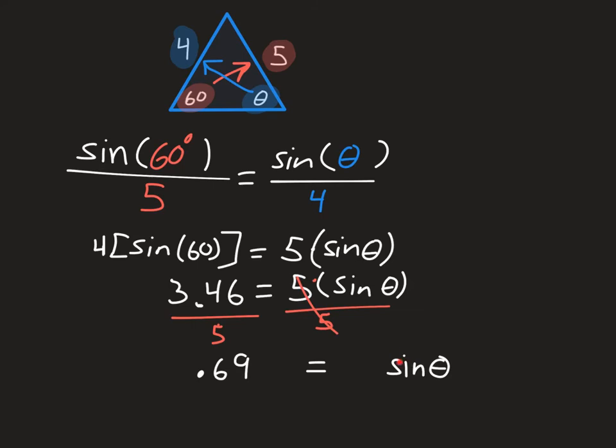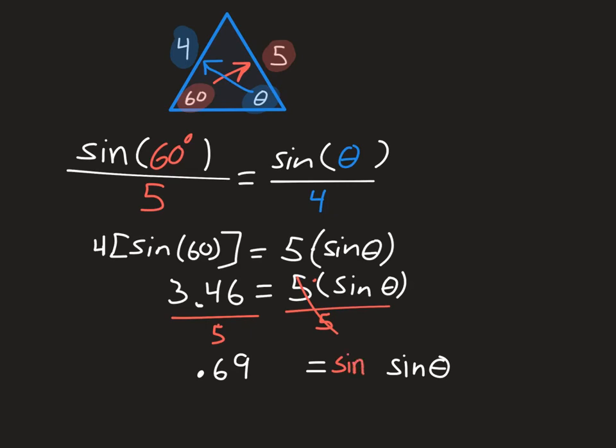So I need a different way to get rid of the sine. I need the opposite operation of taking the sine, and the opposite operation of taking sine is sine inverse. If you look on your calculator where the sine button is, right above it in blue or a different color will be the inverse sine. That is how you undo a value of sine.